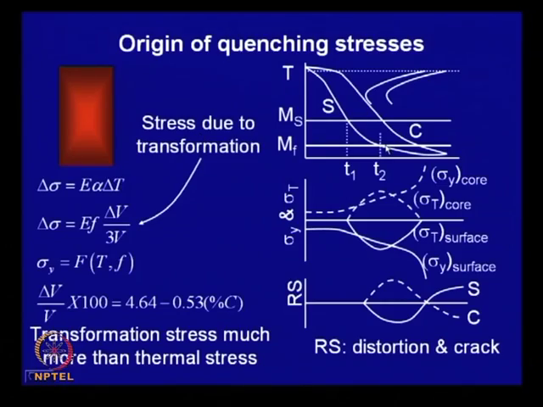Imagine qualitatively that at the surface the transformation has already taken place, and when it forms martensite it tries to expand, whereas the center is not allowing it to expand. So you will have one kind of stress setup. Then when the transformation starts taking place at the core, it will try to expand, but the surface will not allow it to expand.